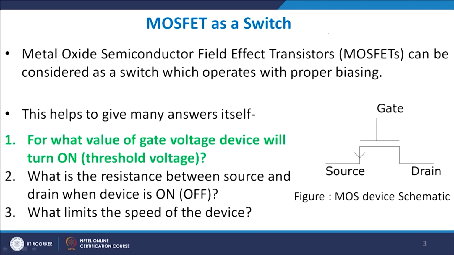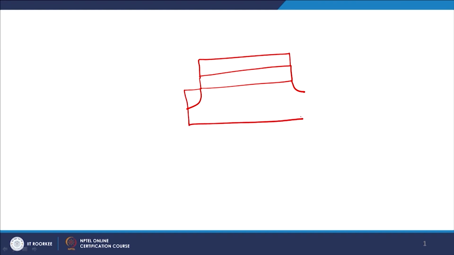Let me come to the basic idea here. So, before I even go to the MOSFET as a switch, let me give you a basic diagram of a MOS device. You must be aware of it from other sources, but just to give continuity to the whole idea, this is how a MOSFET primarily looks like, right. Since I am making it as a freehand drawing, it is not exactly like this. So, I have got metal here, this is a metal, right.